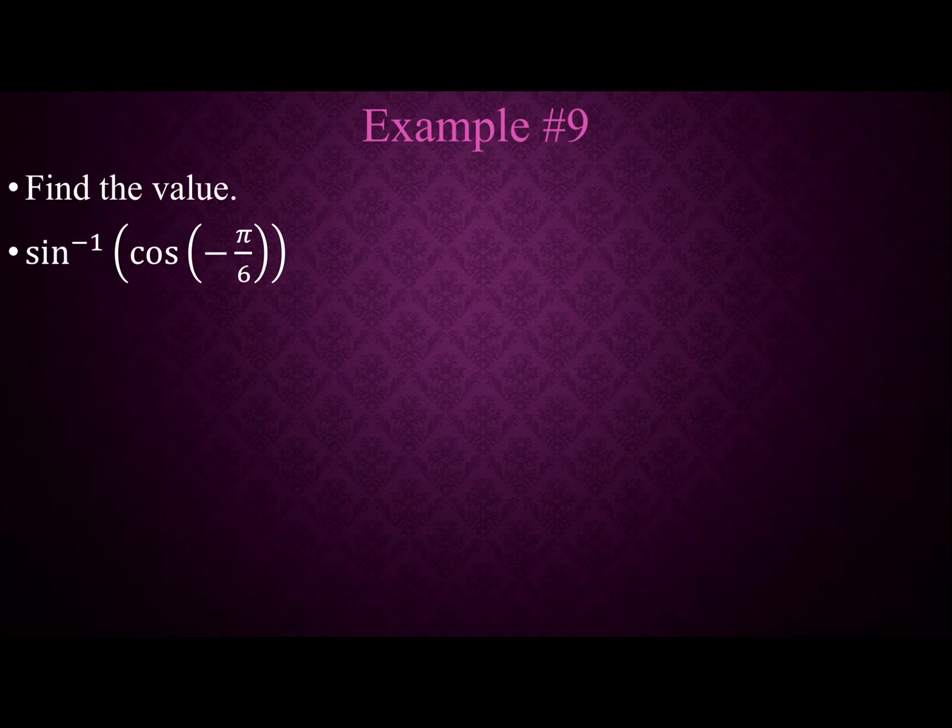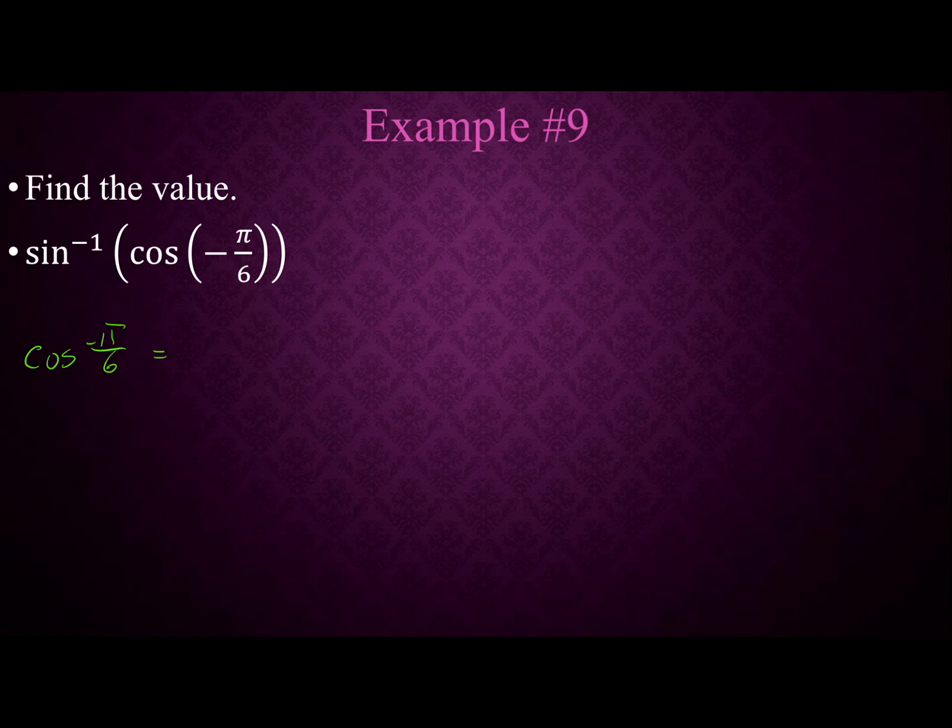We also have the reverse. We have the inverse trig on the outside, regular on the inside. So in a case like this, you're doing the unit circle on the inside, and then the sine inverse, or whatever the inverse trig function of that result. So we've got to first figure out what is cosine of negative pi over 6.